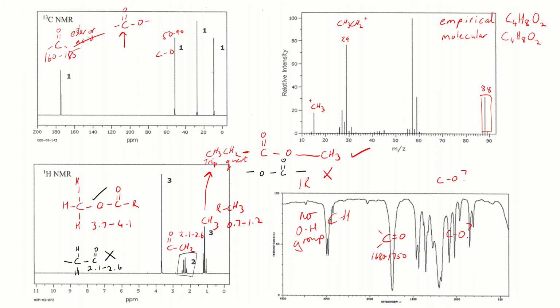Looking up at the carbon-13, just to confirm it, if this structure is correct, we've done this one, the C double bond O. We've got the CH3 here, which is connected directly to the oxygen.